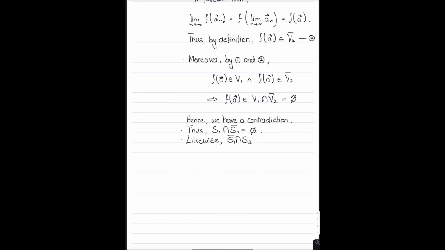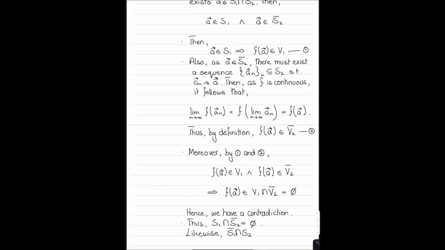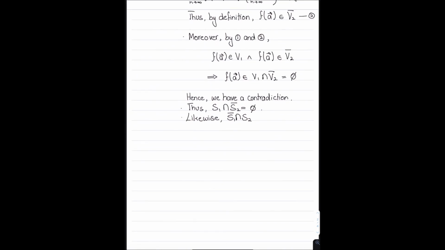You can just copy paste this entire thing and change S1 to S2. Wherever you see an S1, replace that with an S2, and wherever you see an S2, replace it with an S1. Same thing for V1 and V2. But I would like to encourage you to write that case on your own. See if you actually understand what's happening. Likewise, the closure of S1 intersection with S2 is also equal to the empty set.